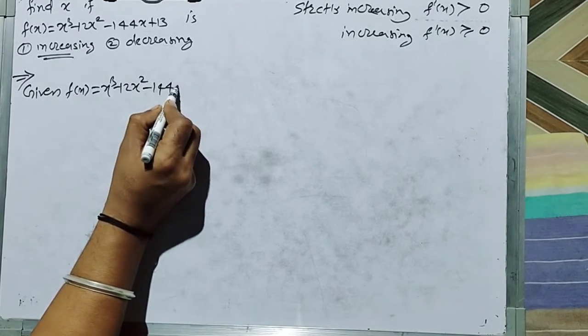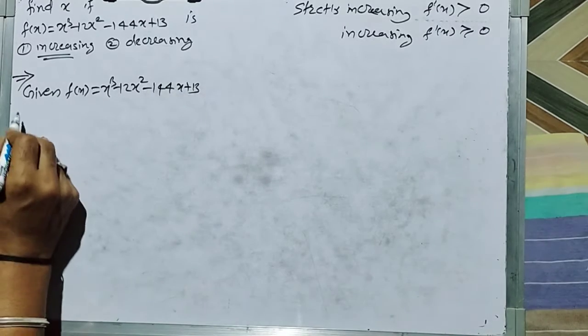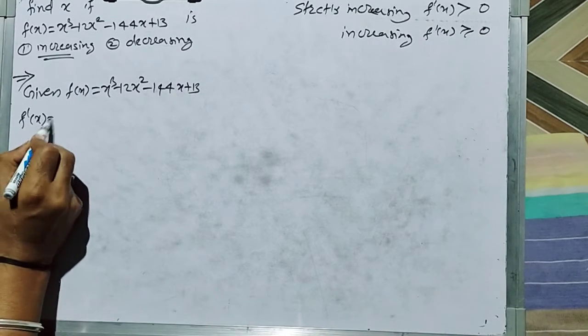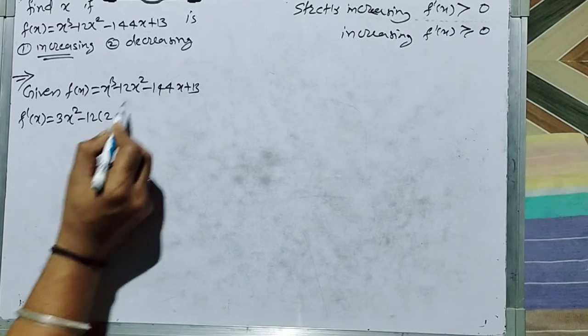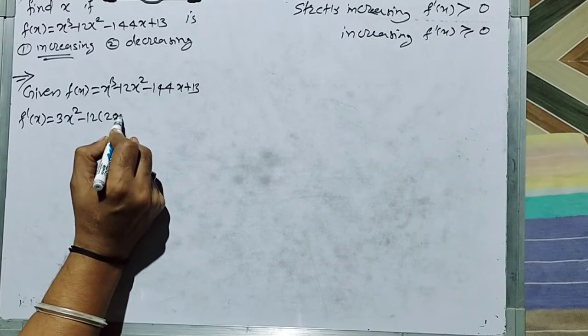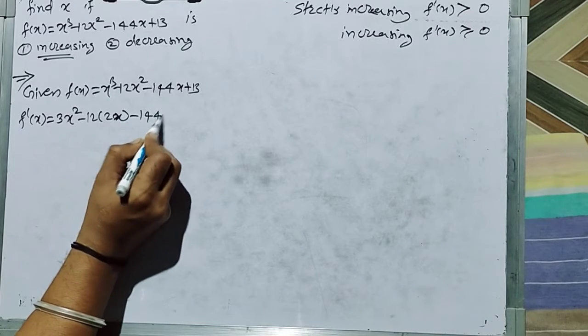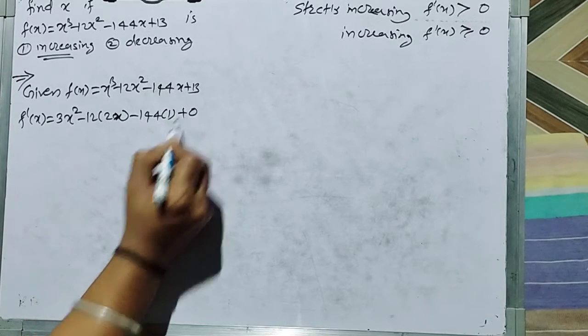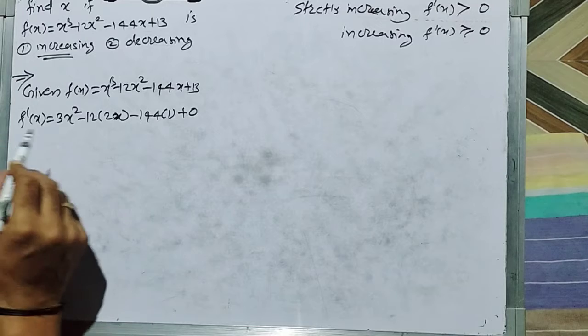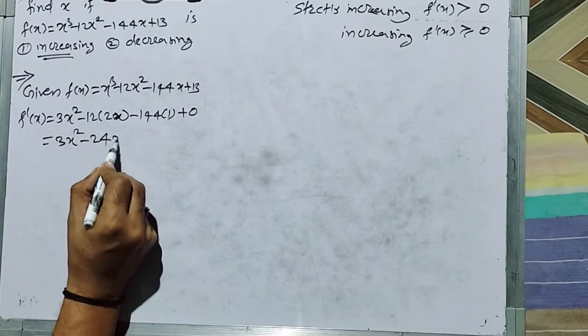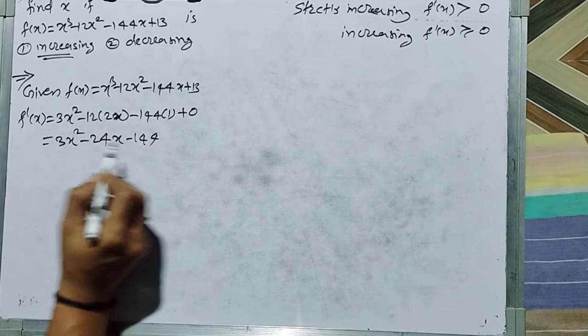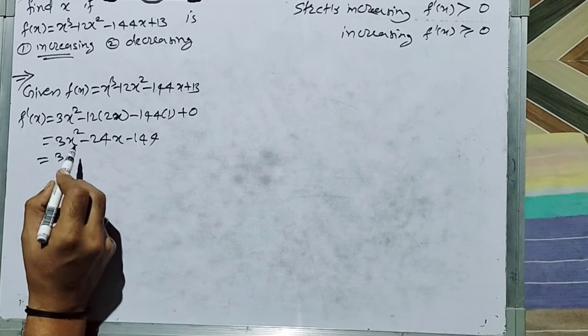So here given f of x is equals to x cube minus of 12x square minus of 144x plus 13. So therefore f dash of x is equals to derivative of this one: 3x square minus of 12 into derivative of x square is twice of x, minus of 144 into derivative of x is 1, and derivative of 13 is 0. So this is equals to 3x square minus of 24x minus of 144. We take 3 common.